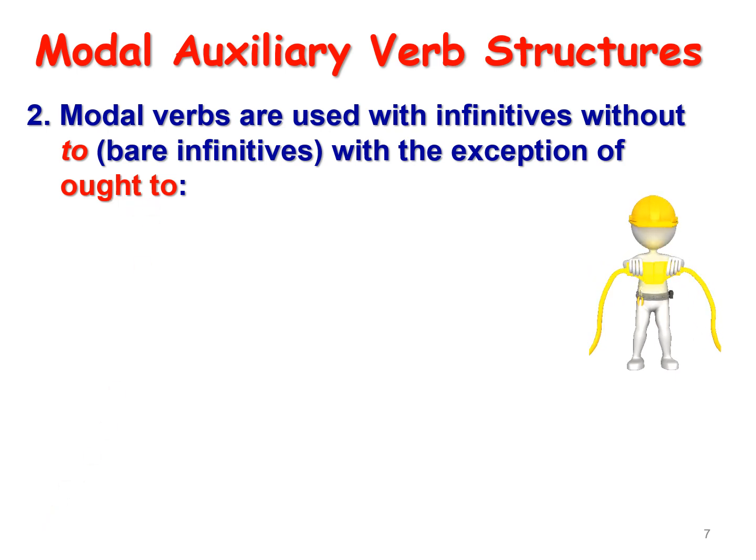All the other modals don't need to, but ought to needs the to originally. So just remember that we use a modal auxiliary verb with an infinitive verb without to, all right? Okay, next one.